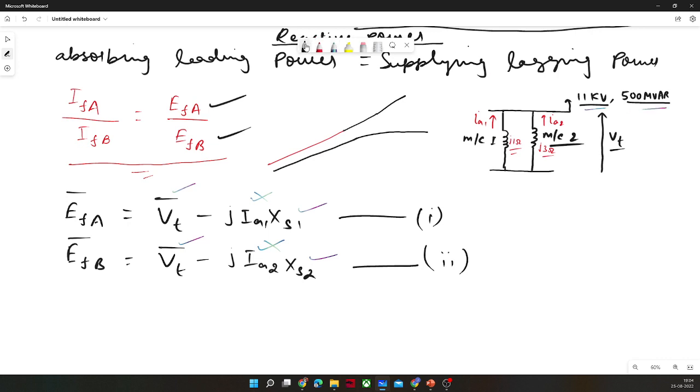Any power, apparent power, real power, reactive power is given. Our first attempt should be the calculation of armature current. So I will calculate IA, that would be Q divided by 3 VL IL cos phi. Oh, sorry, sine phi.